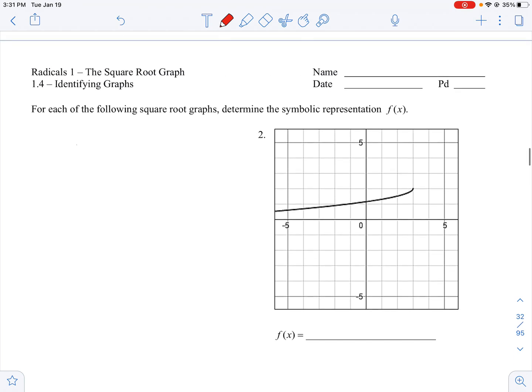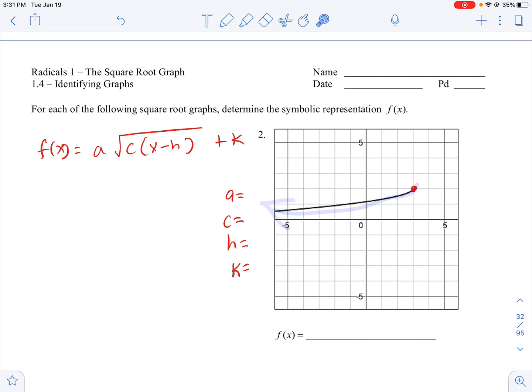We have number 2. f of x equals a square root of c x minus h plus k. So we have a, c, h, and k. Our c is either a positive 1 or negative 1, depending on which direction our graph is traveling.